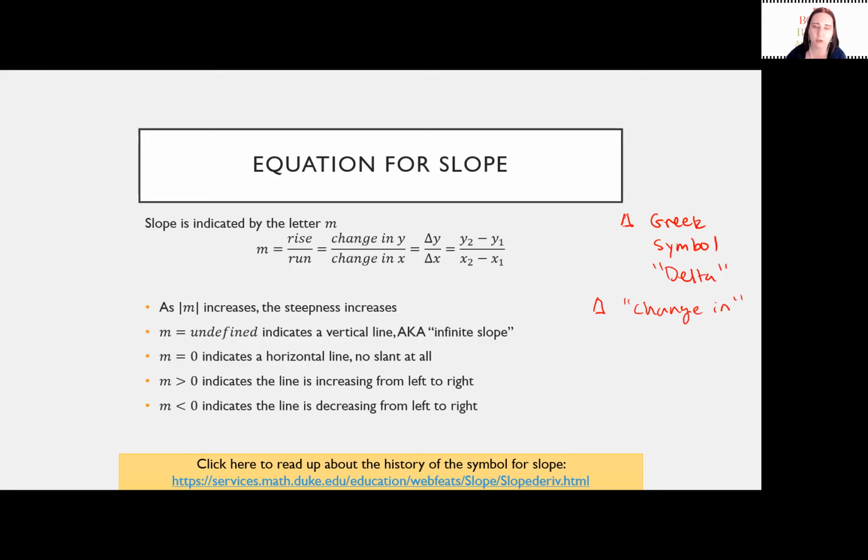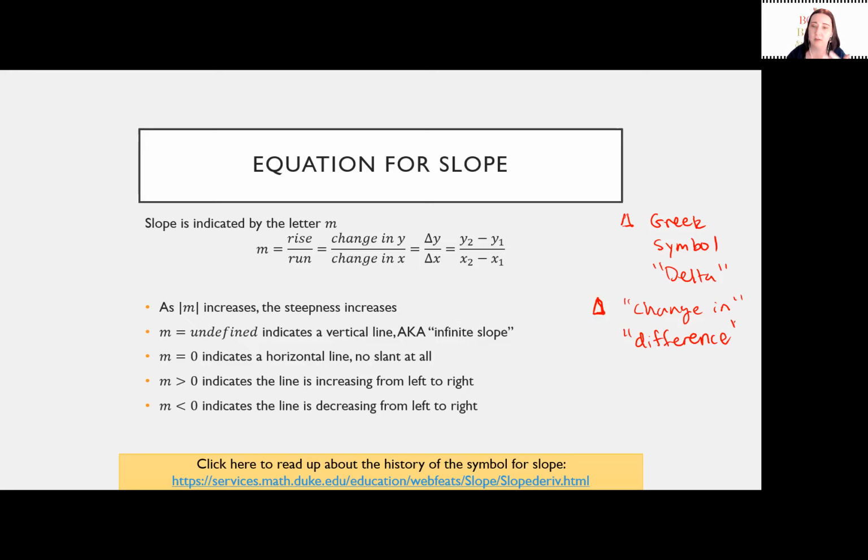Instead of writing the words change in y, we use that triangle to indicate that it's change. So delta y over delta x just means change or difference. We're looking at how something changes, and we're usually looking at subtraction here. And so that's what gets you your final formula: y2 minus y1 over x2 minus x1.